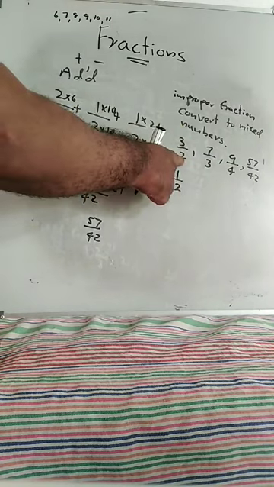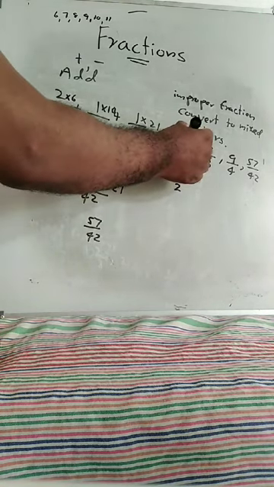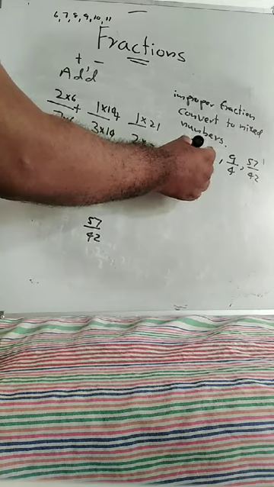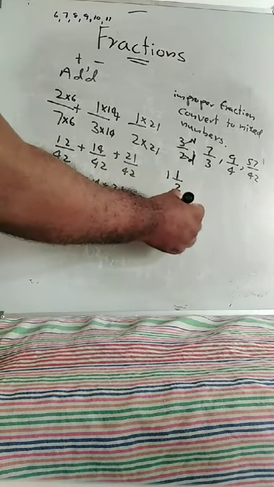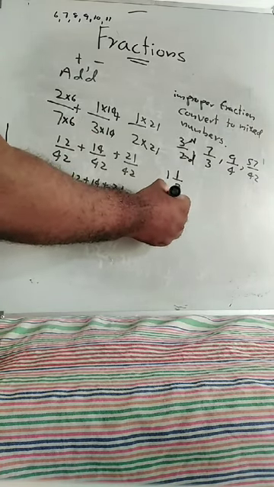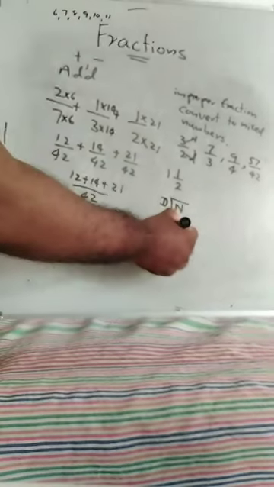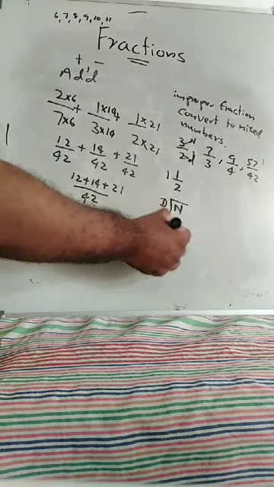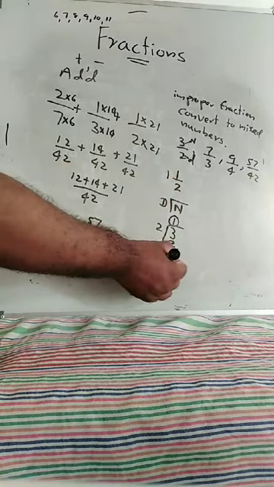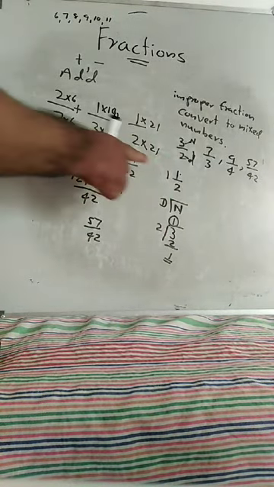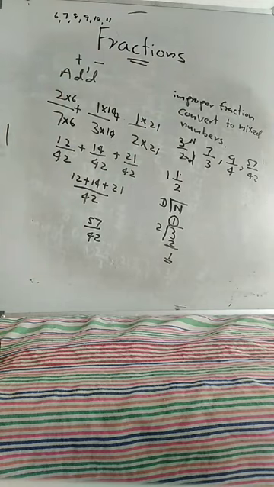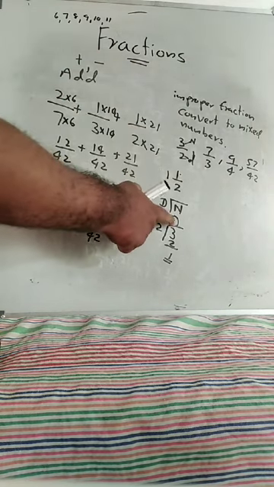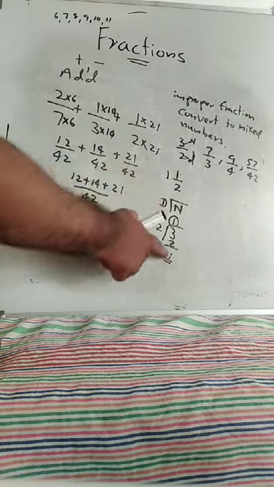It means 3 upon 2: the numerator divided by the denominator. 3 divided by 2, 1; 1 into 2, 2; 1 remains. This is the answer: the whole number, and this is the remainder. The answer is 1 and 1 upon 2. When the numerator is divided by the denominator, you get the whole number and the remainder.